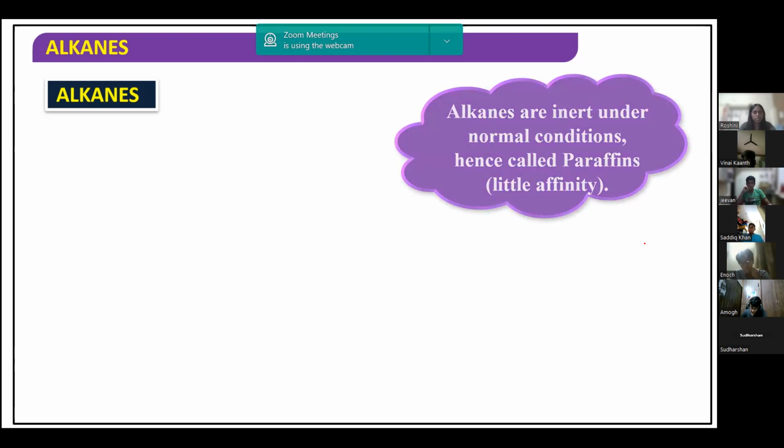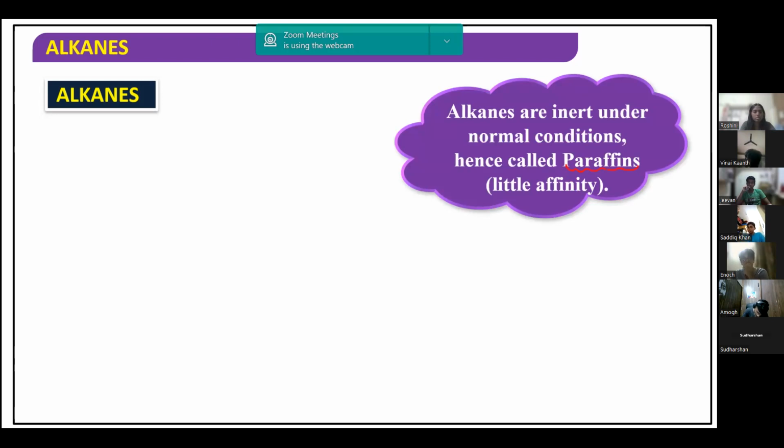What are alkanes? Alkanes are saturated hydrocarbons. Under normal conditions, they are not much reactive. They are also called paraffins. Parum means little, affinis means affinity.